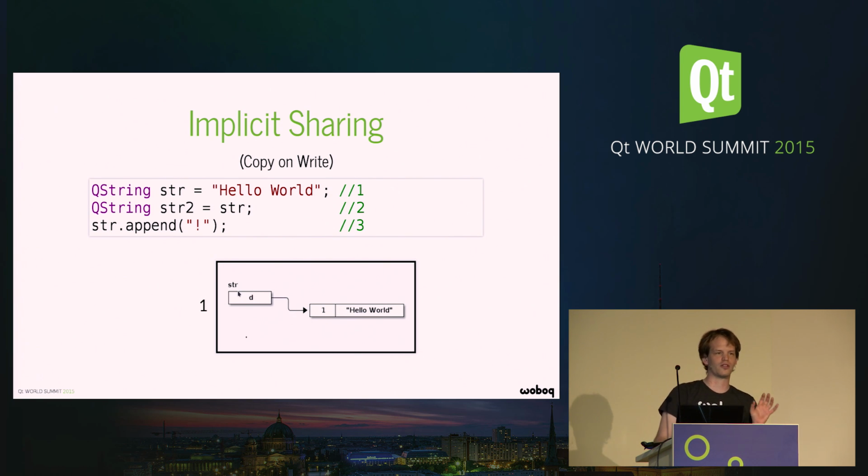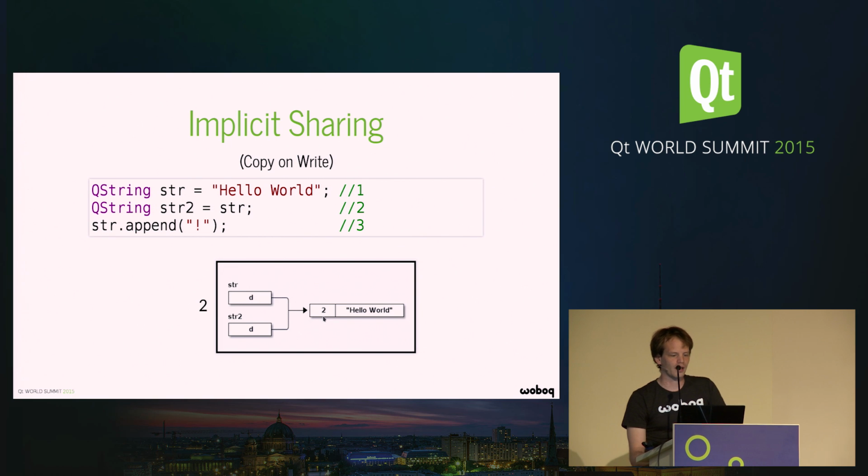So QString is just a pointer, and the pointer points to some region of memory which has the string, and it also has some metadata, including a reference count here. It's 1 because there is only one pointer to this string. At the line 2, we make a copy of the string, but making a copy of the string is extremely cheap. We just copy the pointer and we increment the reference count here.